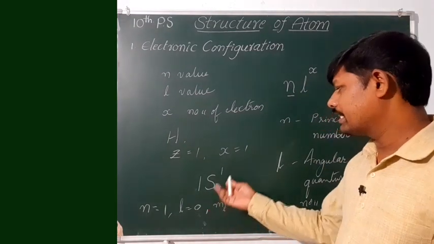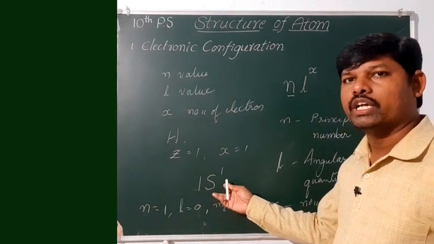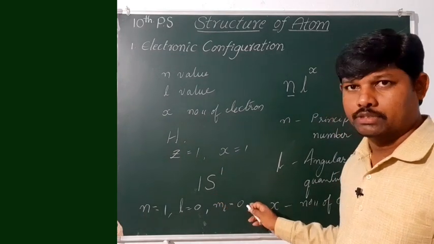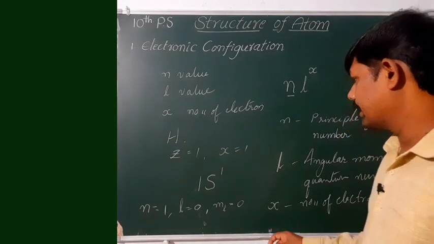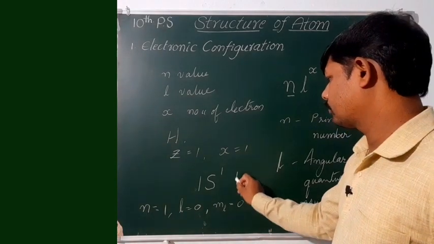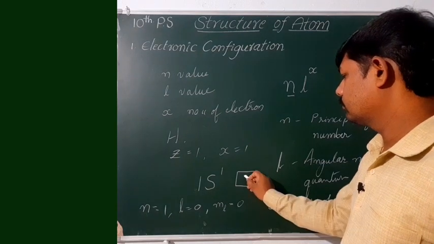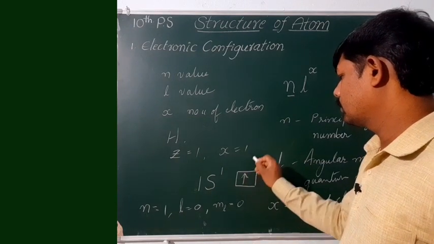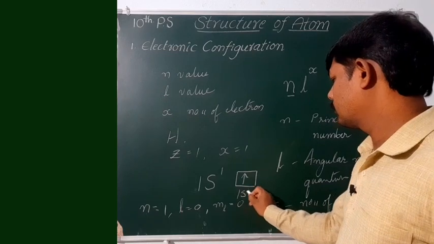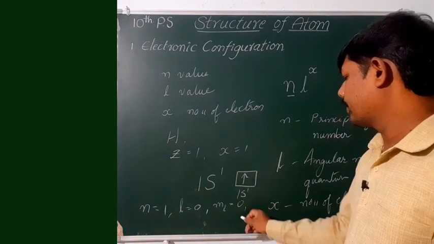If you represent the electronic configuration of hydrogen by showing the spin, then we can write it like this. What is the spin quantum number?